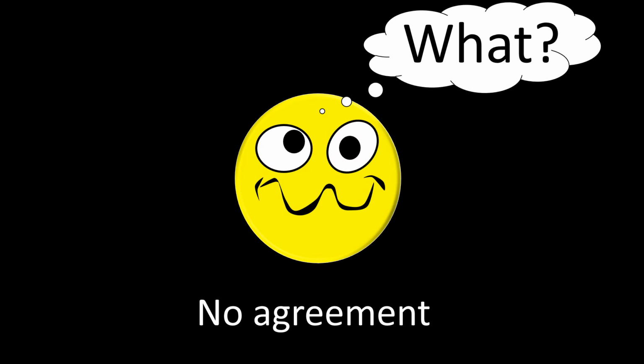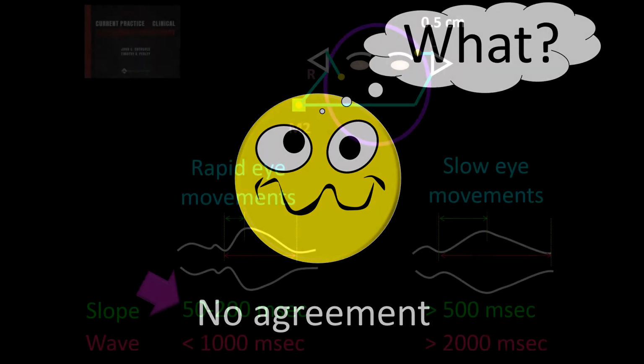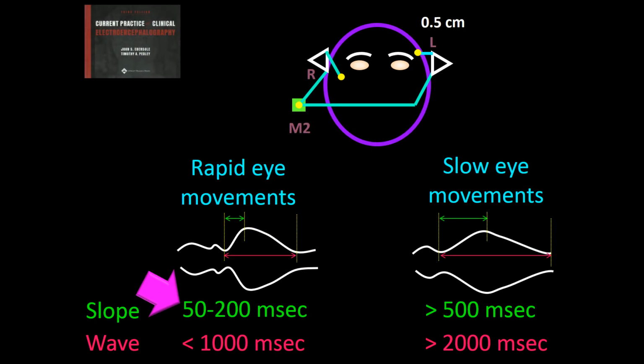Yet, there is no agreement among different publications as to their exact dimensions. In Ebersole's book, the slope of rapid eye movement is said to be from 50 to 200 milliseconds, and its duration less than 1 second.